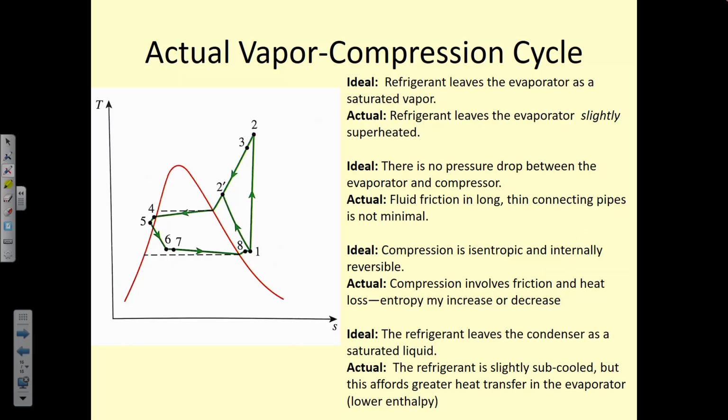So in the ideal case, the refrigerant will leave our evaporator as a saturated vapor. So ideally, we're right on this line here, but actually that's difficult to control. It's hard to make sure that you're operating specifically on the line, so you have to make a choice.